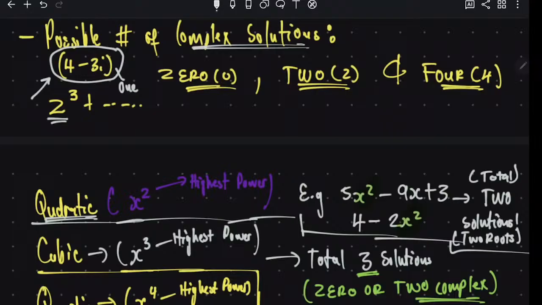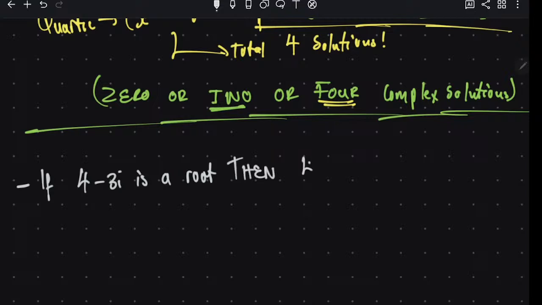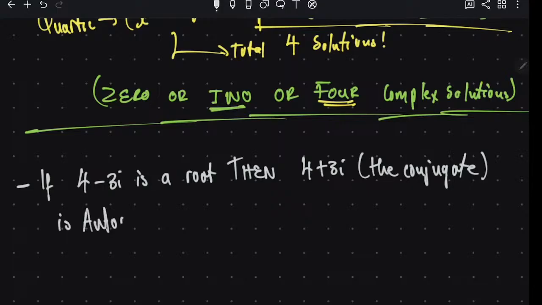So if they give me this one, I should automatically find the second one. And how do you find the second one? By making conjugates. So if 4 minus 3i is a root, then 4 plus 3i, which is the conjugate, is automatically the second solution.